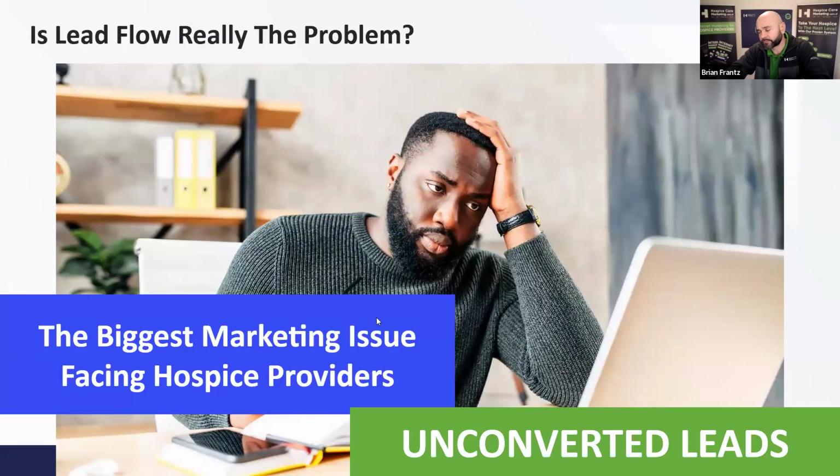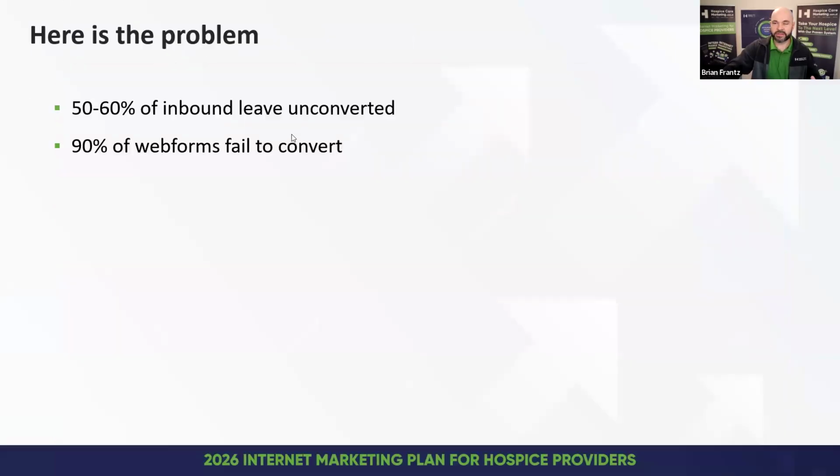So people filling out a lead form, and then you can't get a hold of them, right? You might call them back, they're not answering. That would be an unconverted lead. And so, is it lead flow, or is the problem really just having some sort of automation behind it?